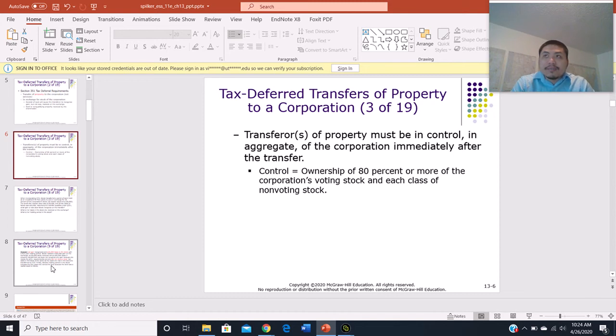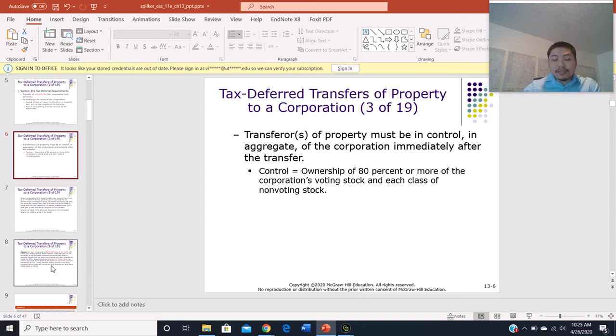Because I'm the one with the idea, I don't contribute anything, and I want other people to contribute properties. So each person contributes their properties, and I give them 20% each. So four people are contributing properties to the corporation, and now all four of them own 80% as a group. So the transaction that they did can be qualified as Section 351.